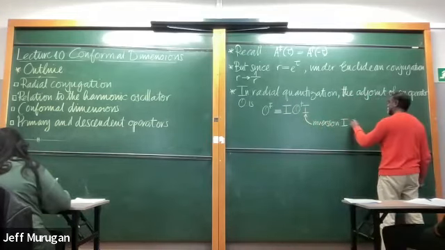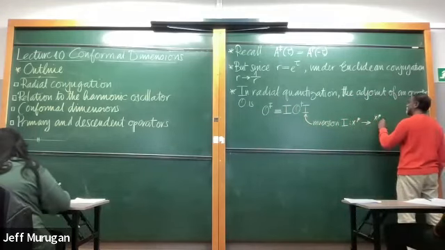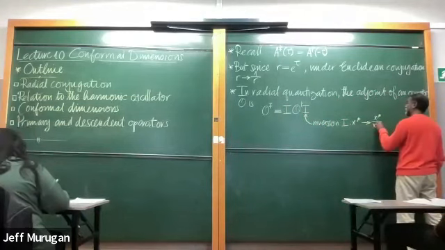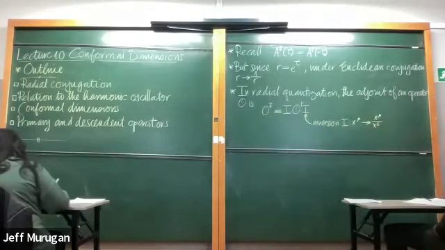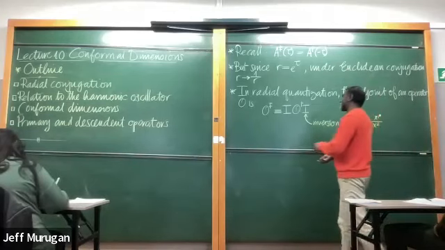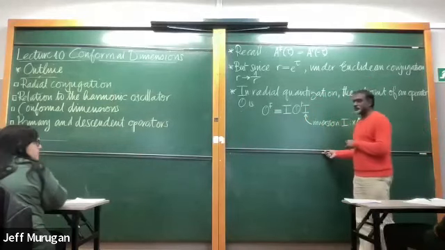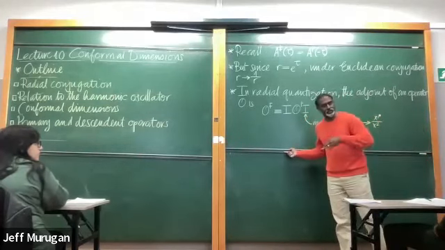That takes x mu to x mu over x squared. Okay, this is what inversion means for operators. Sorry, this is what conjugation means for operators, but we also have states that live in the Hilbert space.